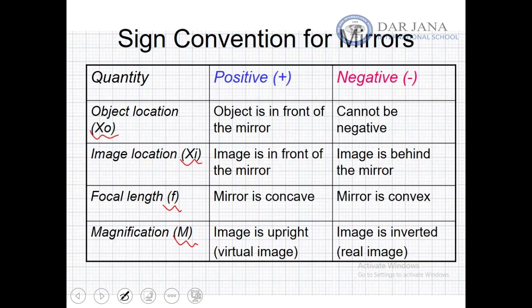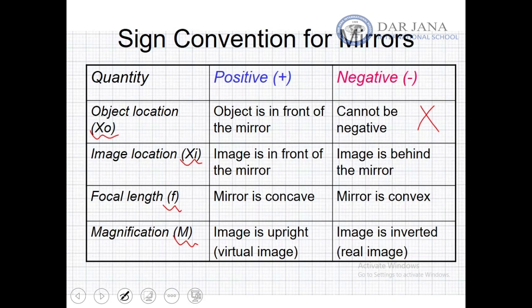Once the object is in front of the mirror, XO will be positive. Negative is impossible. The object cannot be negative. Simply, you cannot stand inside or behind the mirror in order to see your image. Logically, you will stand in front of the mirror. That's why XO is positive.